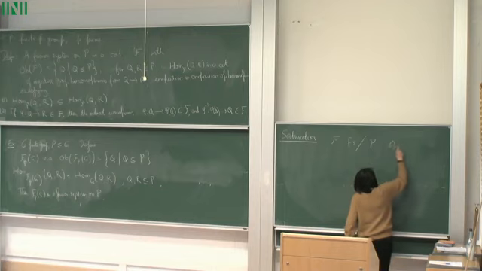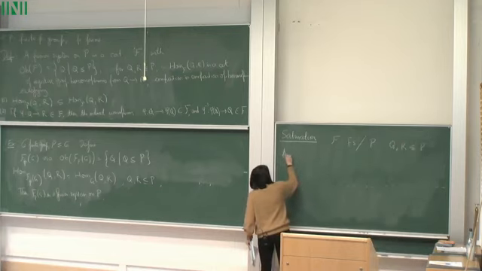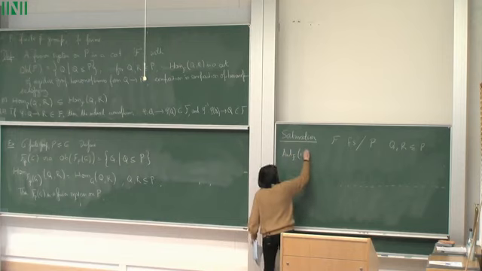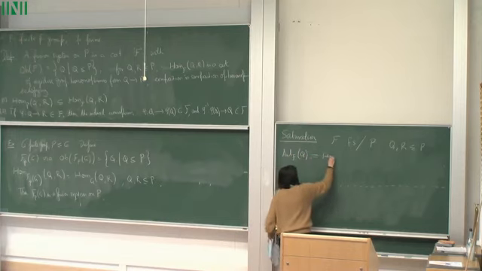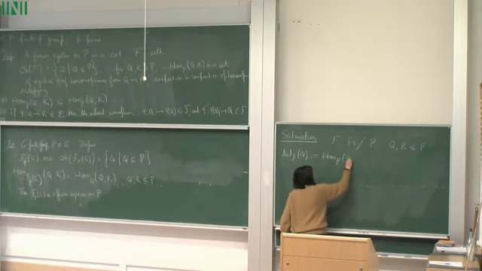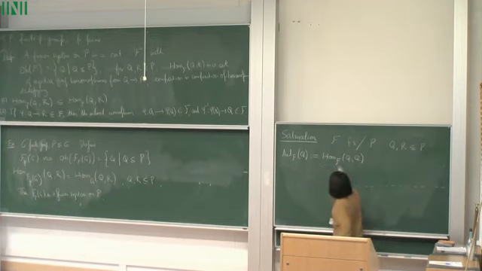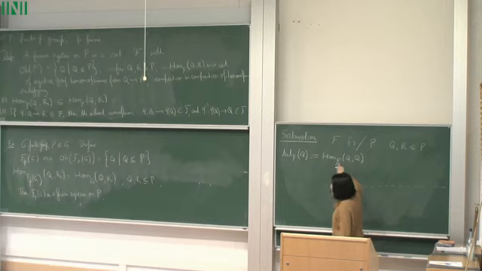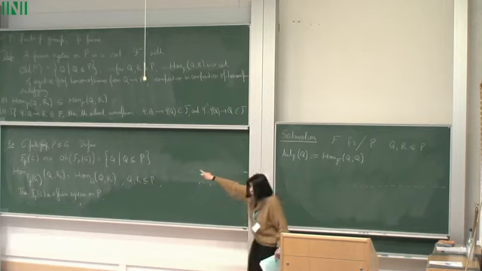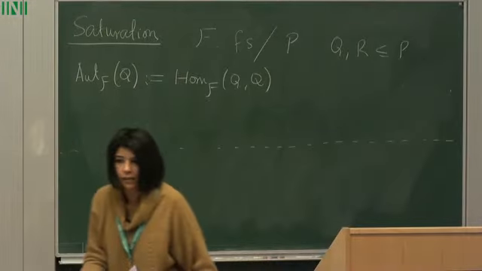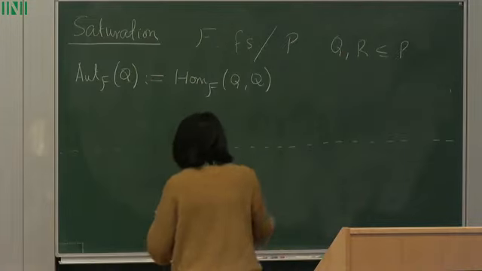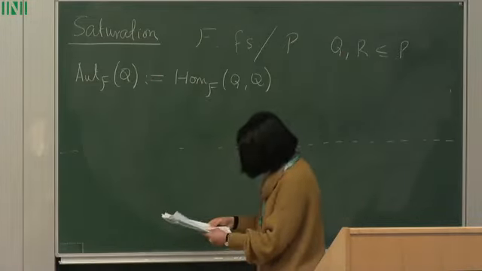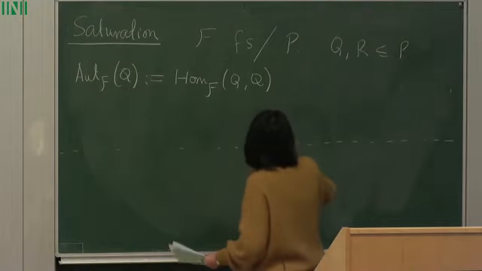Let's consider two subgroups Q and R of P, and then we can define, as before, Aut_F(Q) to be just Hom_F(Q, Q). By definition, these are group automorphisms of Q which are morphisms in F. But by condition 2, they are actually automorphisms in the category F, so it is fine to call this Aut_F(Q). They are really automorphisms.